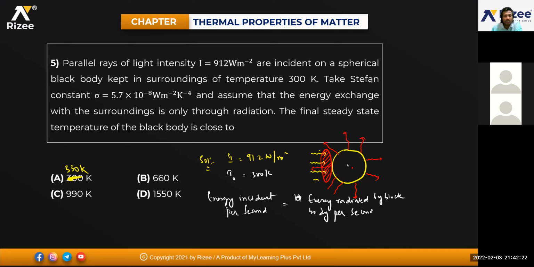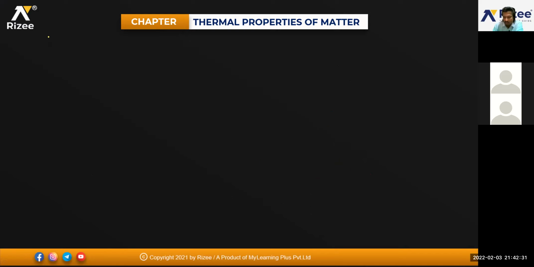For the energy incident, I can write intensity I into the projected area, so it is I into pi R square.